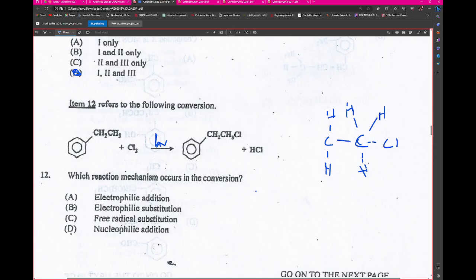So it's probably just an issue with the product, but the mechanism is fine. The mechanism has to occur to create both the wrong and correct answers, so I think the mechanism will still stay true here. But that carbon shouldn't be able to do that. All right, wait, can you go back, please?